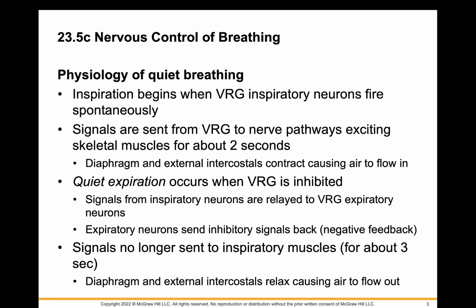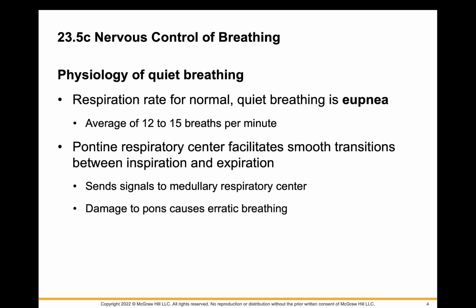Quiet expiration occurs when ventral respiratory groups are inhibited, and signals from inspiratory neurons are relayed to ventral respiratory group expiratory neurons. Expiratory neurons send inhibitory signals back. Signals are no longer sent to inspiratory muscles for about 3 seconds. The diaphragm and external intercostals relax, causing air to flow out.